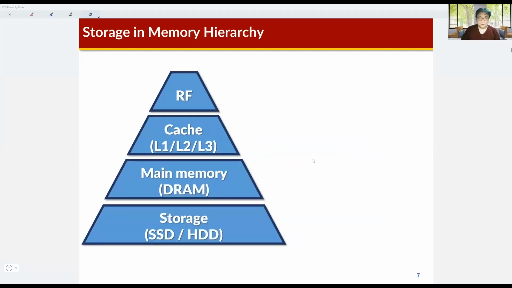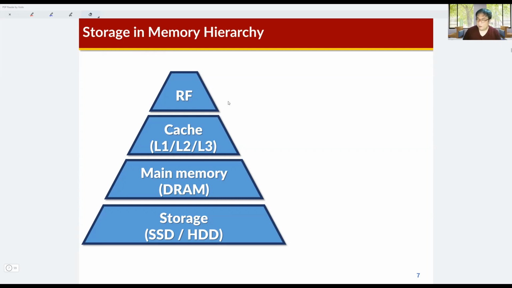Also, storage is included in the memory hierarchy. This is very popular, actually the basis of computer architecture. If you study a computer architecture course, then you can understand the memory hierarchy.